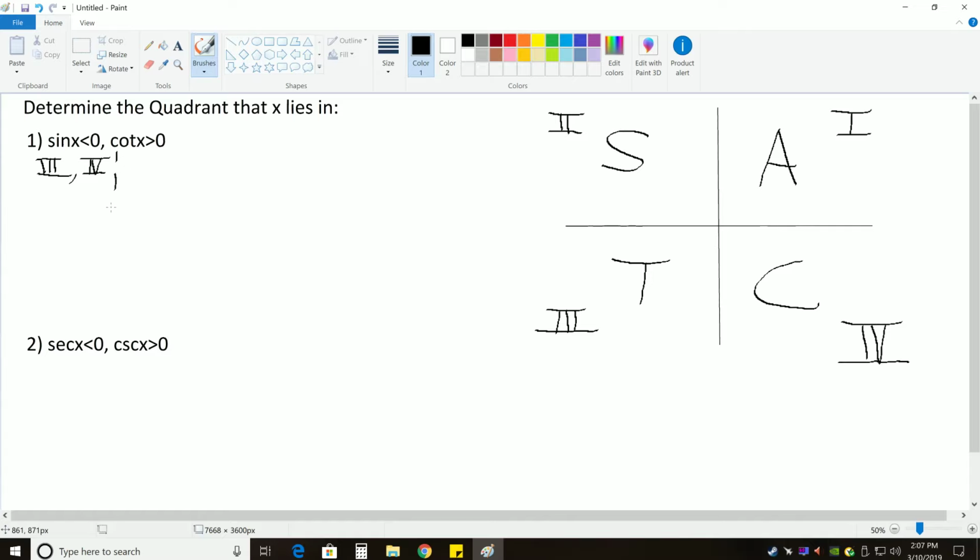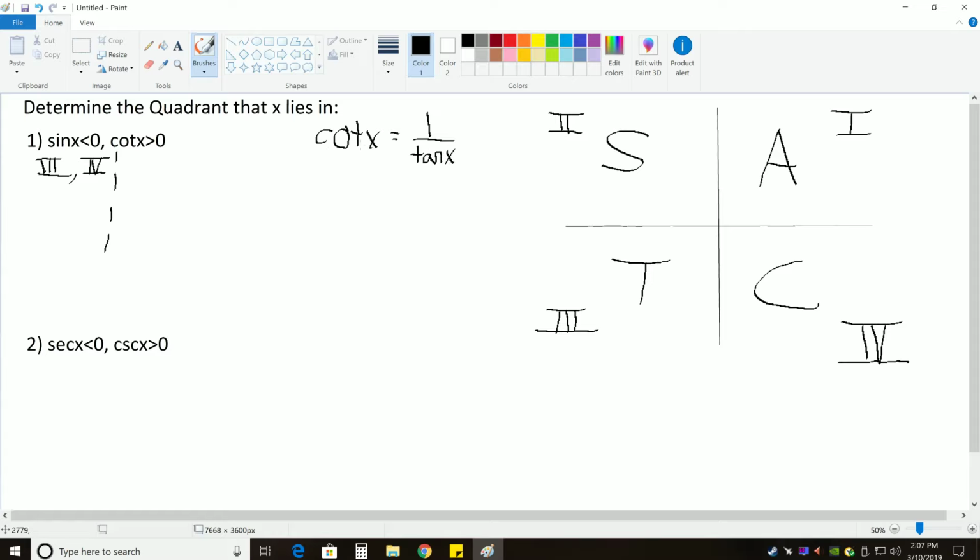Okay, so from here, let's move over to cotangent of x. Cotangent of x is greater than 0. Now remember, this chart only works for sine, cosine, and tangent, but cotangent of x is just the reciprocal of tangent. So cotangent of x is equal to 1 over the tangent of x.